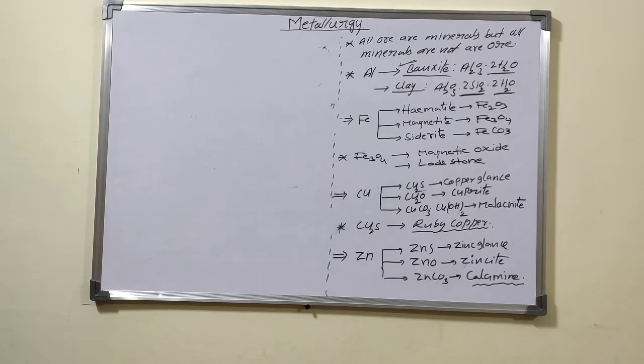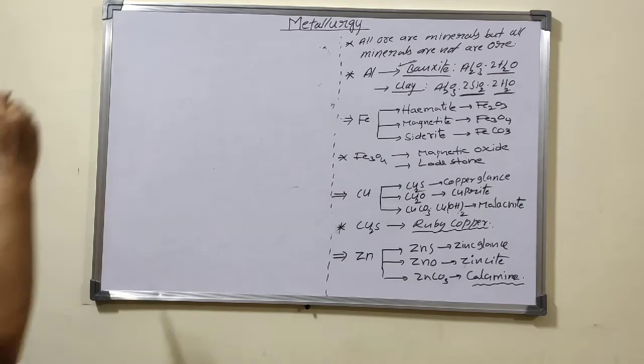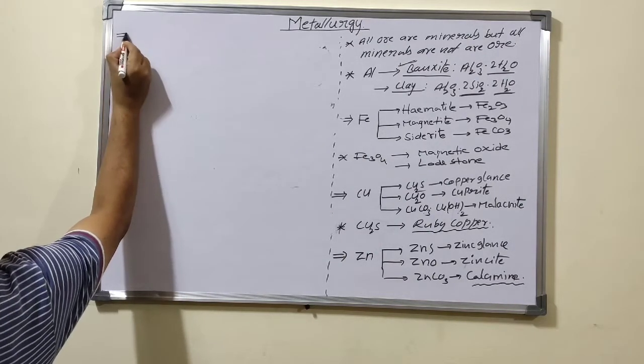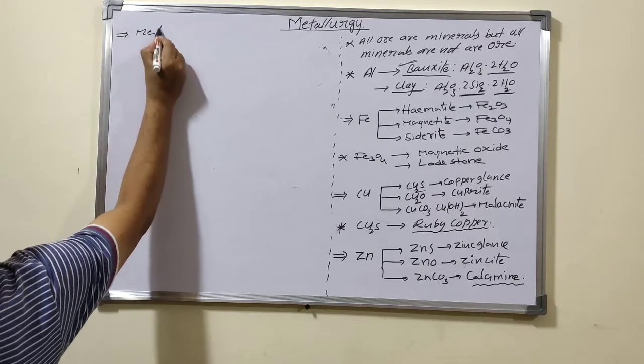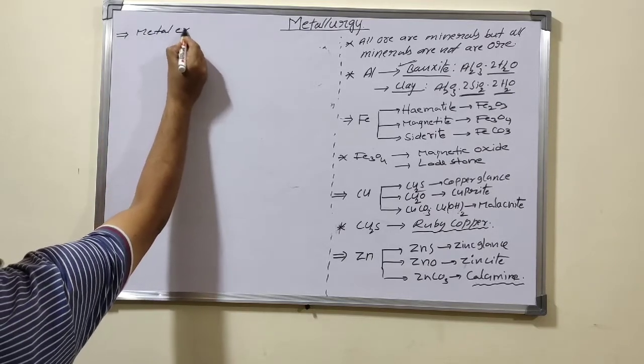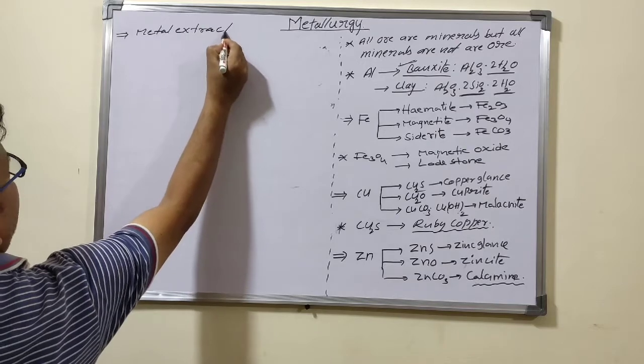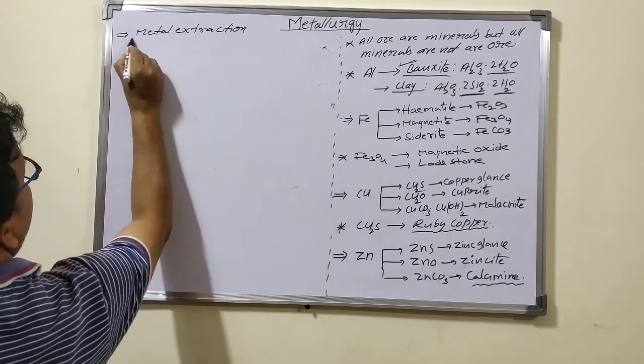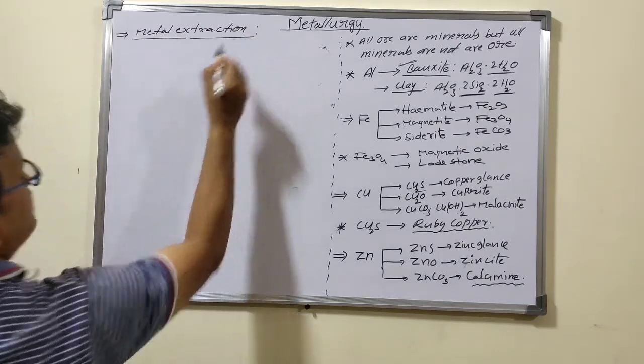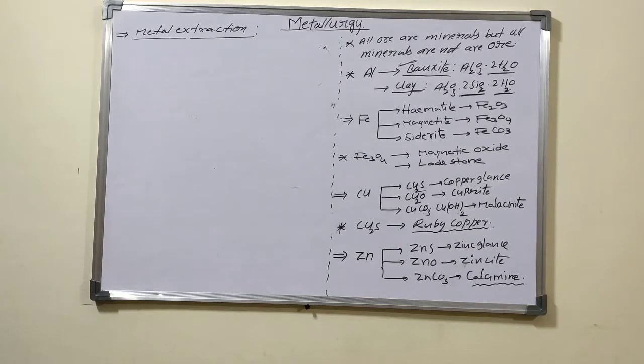The process of metallurgy depends on the nature of the ore and impurities. So in metal extraction, the process of extraction depends on the type of ore or type of impurities.